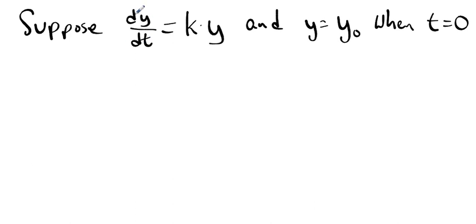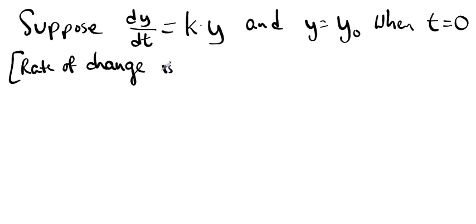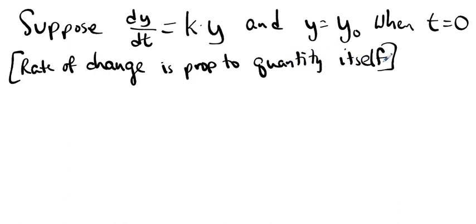The rate of change is proportional to the quantity itself. Populations of bacteria, populations of people, sort of, a little. We'll get into why that's not entirely true. But anything like this, where the rate of change is proportional to the quantity itself, that's the topic of our lesson for the day.